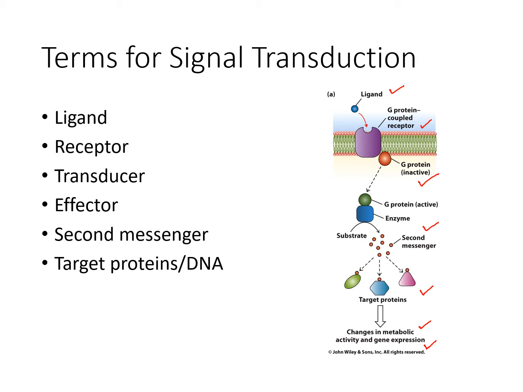So I want you to understand the definitions of ligand, receptor, transducer, effector, second messenger, and also target protein or DNA. And you must be able to outline a few examples of each of these components, which we will go through in the next slide.